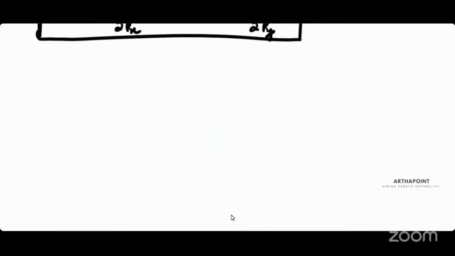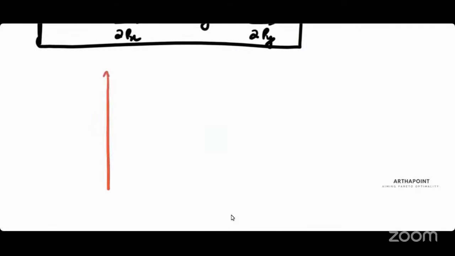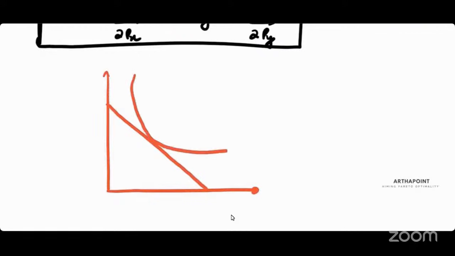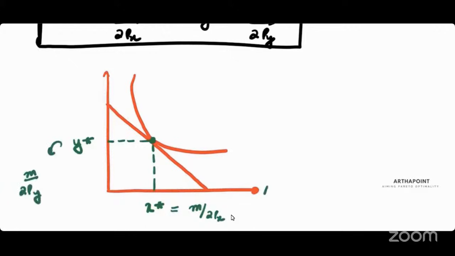So diagrammatically, this just means that if I have this as my budget line, and I have this as my indifference curve, then this is my x star, which is equal to m by 2 Px, and this is my y star, which is equal to m by 2 Py. This is how we find x star and y star.